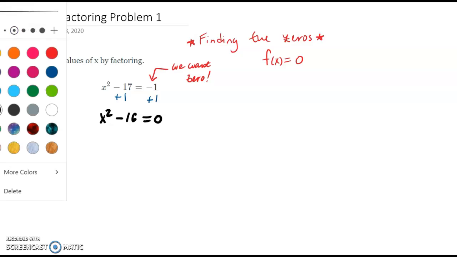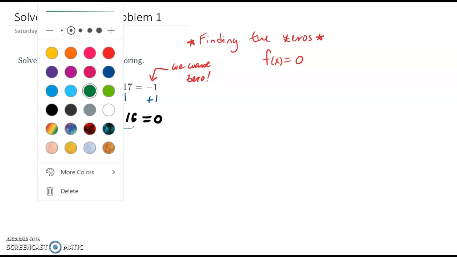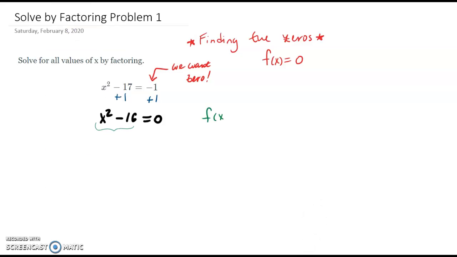My next step is to think of the left side of my equation as a function, right? So we have this function, x squared minus 16, and we want to find all the zeros. In class, we talked about how when your function is in factored form, every factor reveals a 0 to you. So it would be really helpful if we factor this.